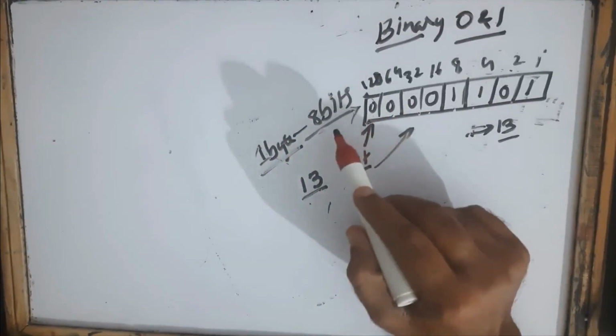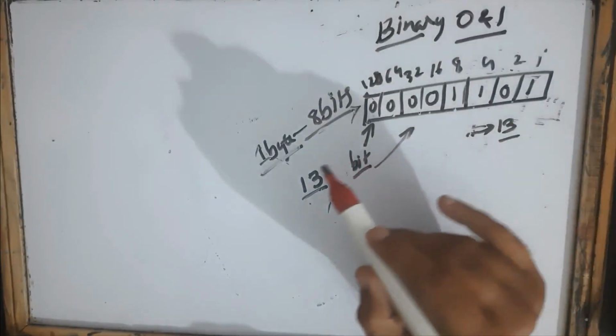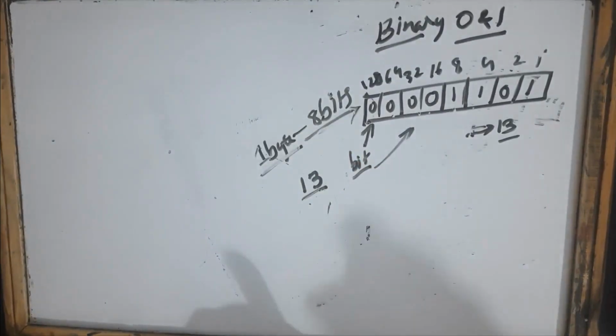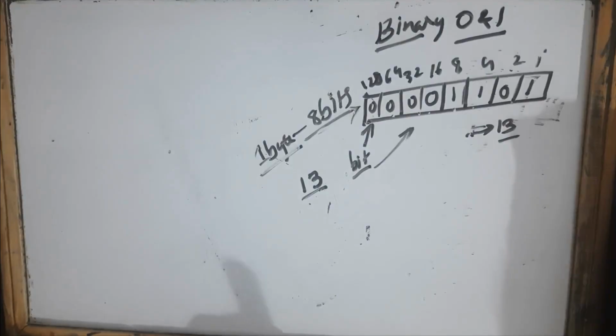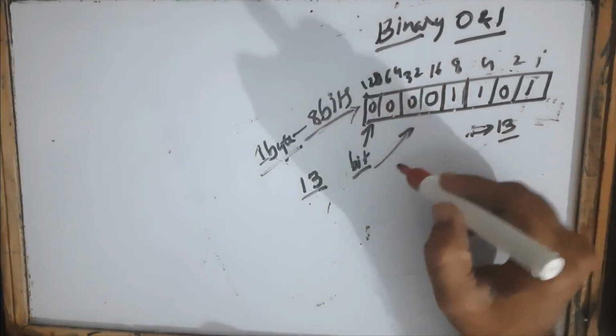So normally the bits in the binary system are always expressed in bytes. 1 byte is 8 bits. This way we convert everything; whatever alphanumeric system we have, the decimal system can be converted to binary.